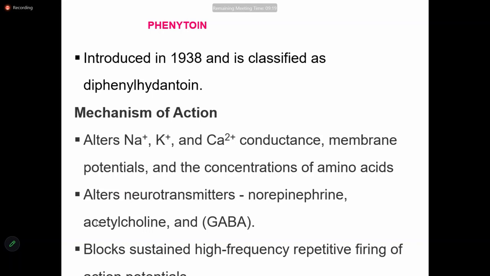So by influencing the cations, they also influence the amino acid concentrations within the cell. When a cell is depolarized, they can easily hyperpolarize the cell, and that reduces the action potentials.